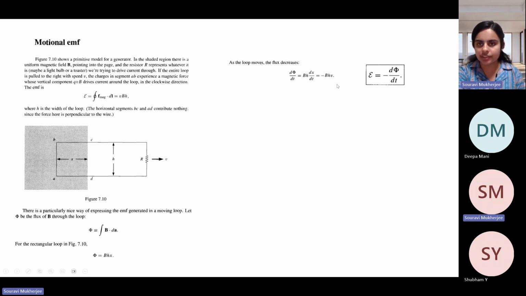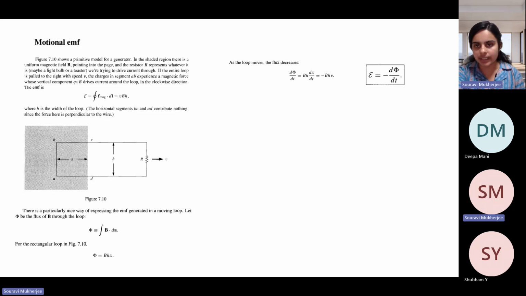But what you essentially see is that the rate of change of magnetic flux is equal to what we just discussed, that is the EMF, right? So this is another way of expressing EMF when you have moving charges or closed loops in some magnetic field where the flux keeps on changing for whatever reason.